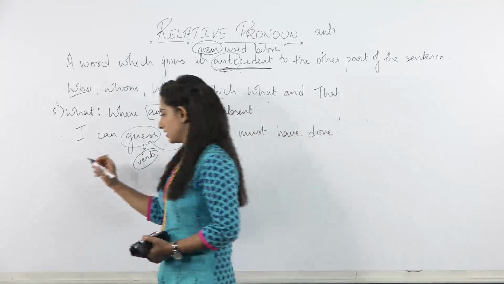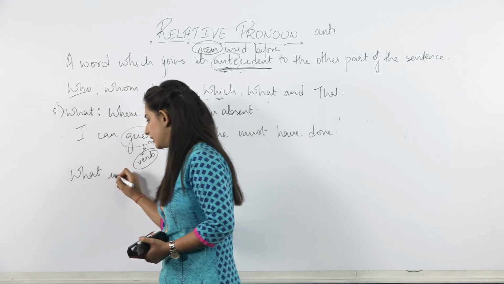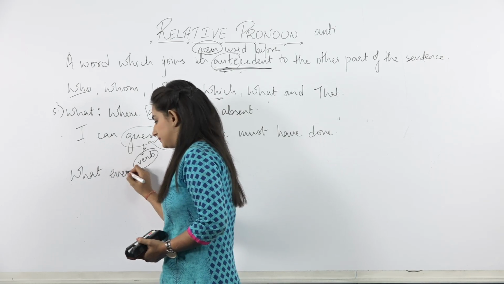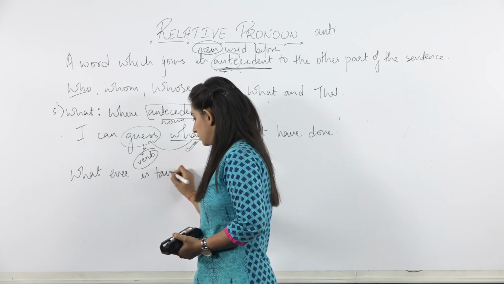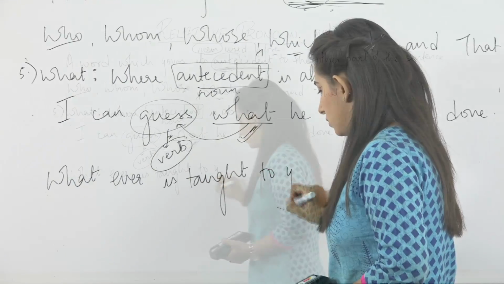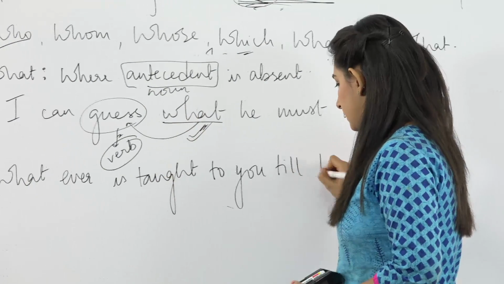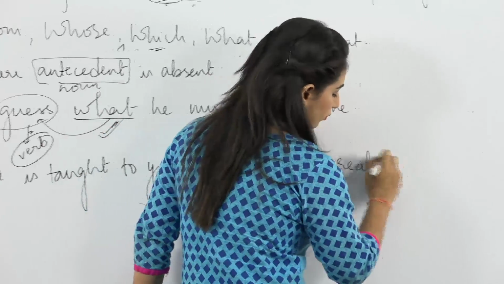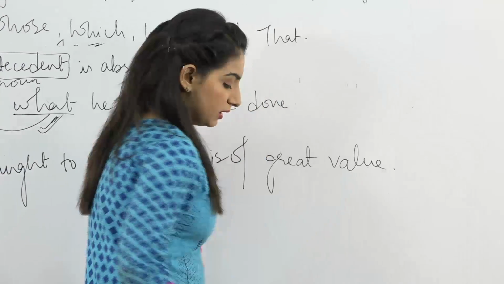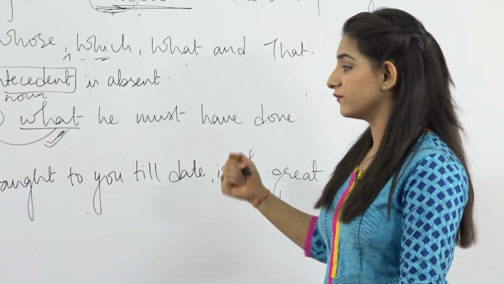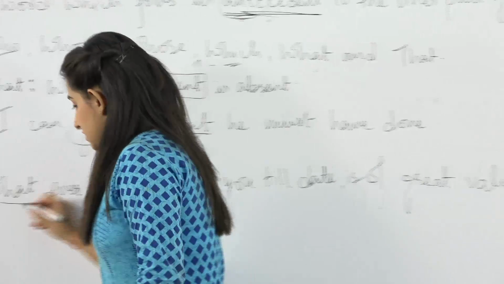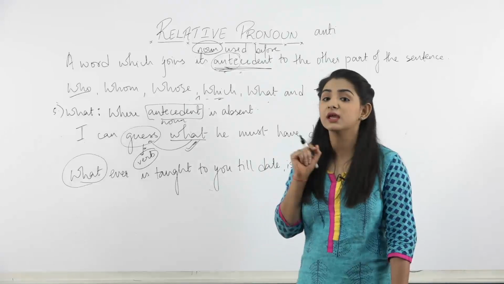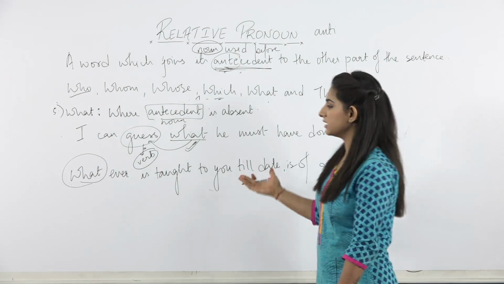For example, we can take one more sentence. Whatever is taught to you till date is of great value. Now you can see this sentence doesn't form a question, though it starts with what. ये सेंटेंस what से स्टार्ट हो रहा है लेकिन फिर भी एक क्वेश्चन फॉर्म नहीं कर रहा. इसका हिंदी मीनिंग क्या होगा?